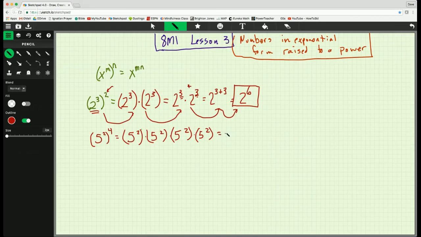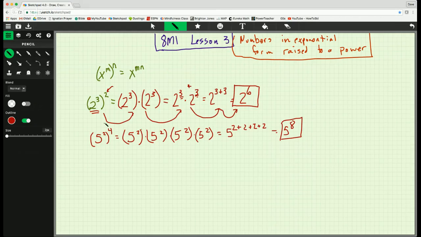Well, that equals 5 to the 2 plus 2 plus 2 plus 2, or 5 to the 8th power. Again, this is just lesson 1 with a little bit of a twist on it.